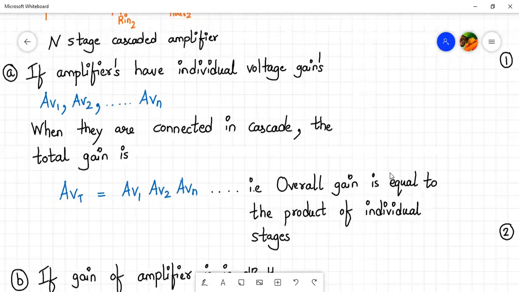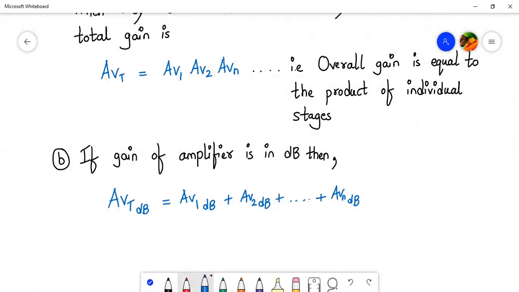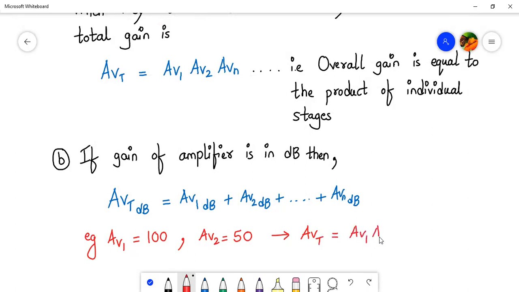So let's consider an example. Let's say the first stage gain is around 100, and the second stage is providing a gain of 50. So what will be the overall gain now in a cascade amplifier? The total voltage gain will be equal to AV1 into AV2, where AV1 is 100 and AV2 is 50.